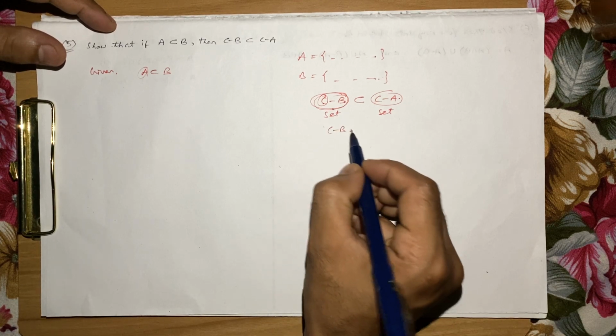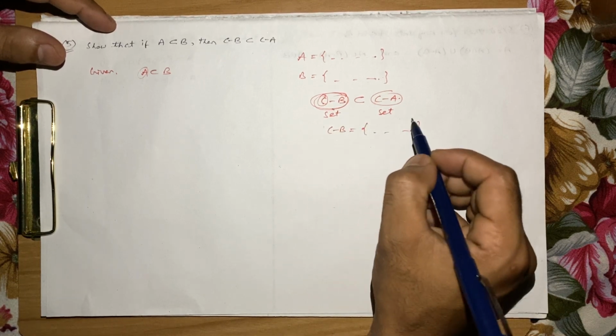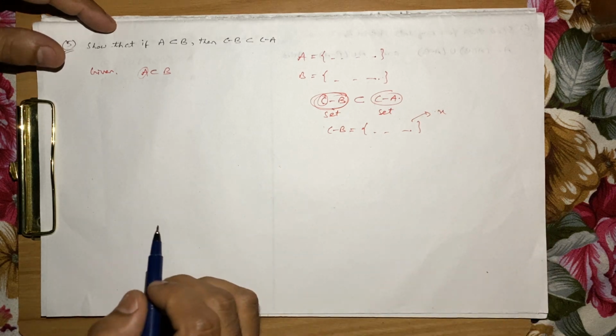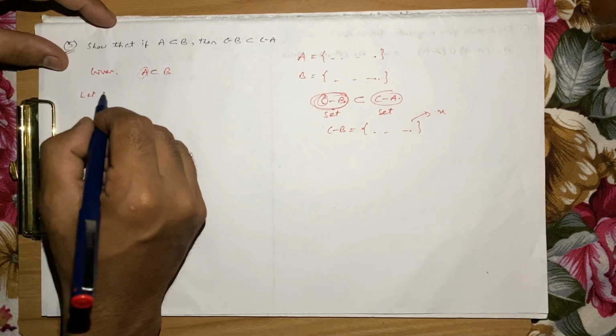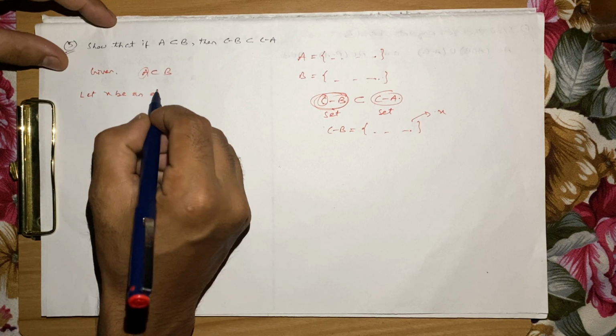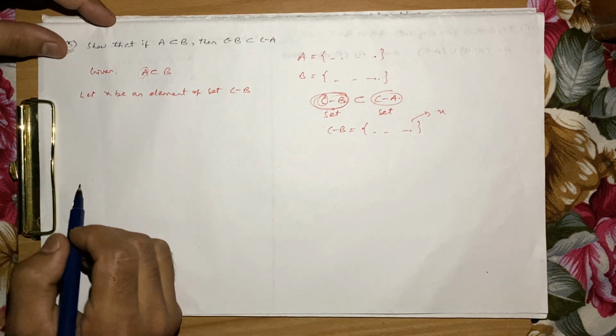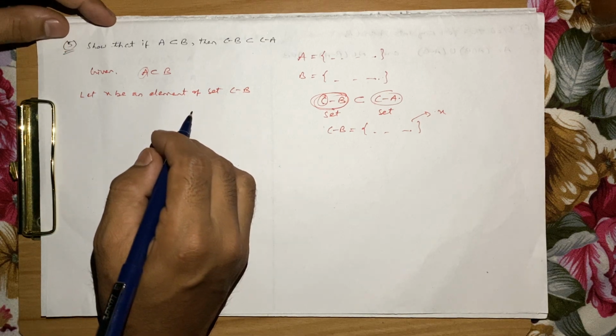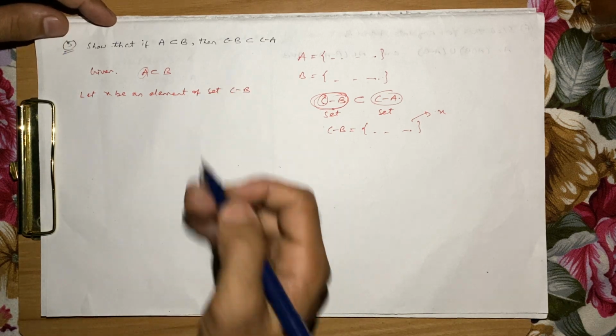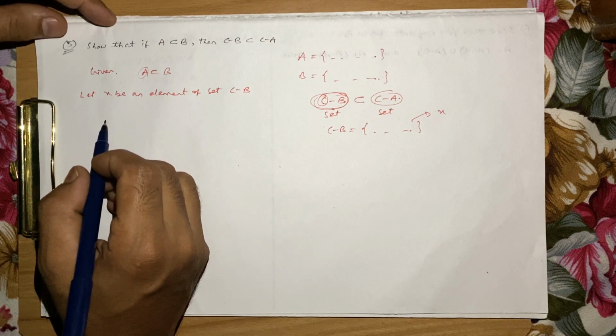Okay, C minus B is a set that will have some elements, right? So let's say each of the elements that is present here is assumed to be X. Okay, so let X be an element of set C minus B. Okay, so we will prove this simply. Okay, it's very easy. You'll be able to understand this.